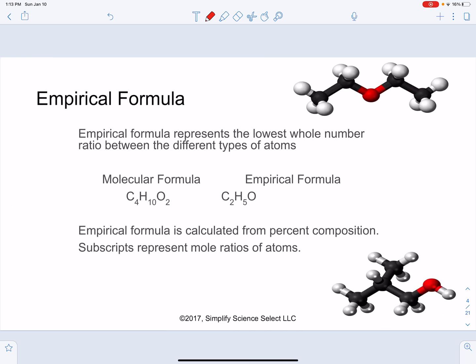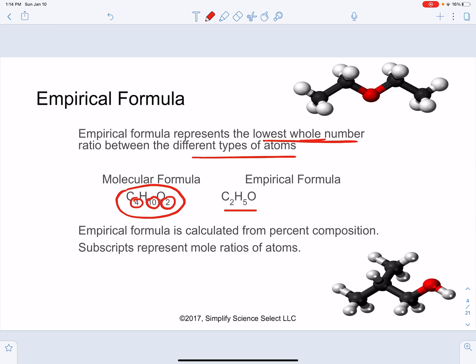Empirical formulas represent the lowest whole number ratio between different atoms in a molecule. So for example, if this is our molecular formula where we have 4 carbons, 10 hydrogens, and 2 oxygens, then I can report the empirical formula as 2 carbons, 5 hydrogens, and 1 oxygen. What I've done here is I've just reduced these subscript numbers to their lowest ratios.